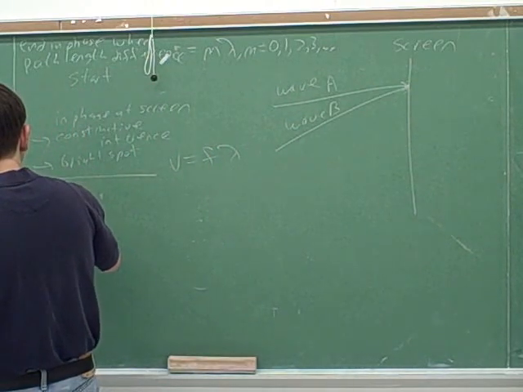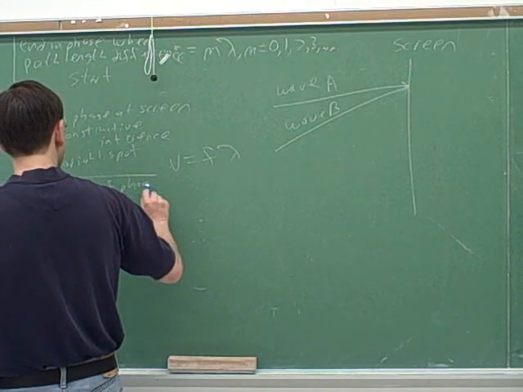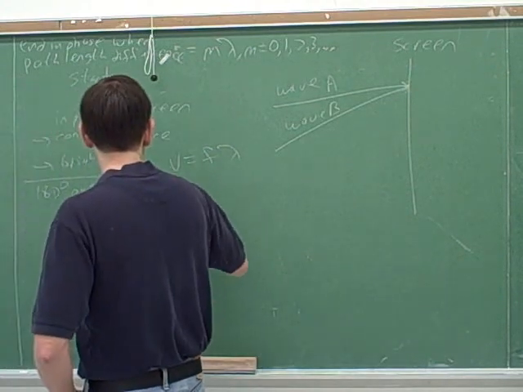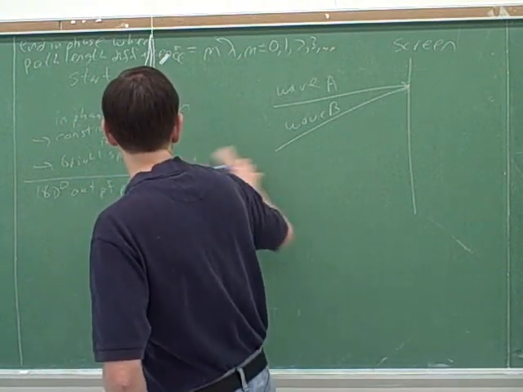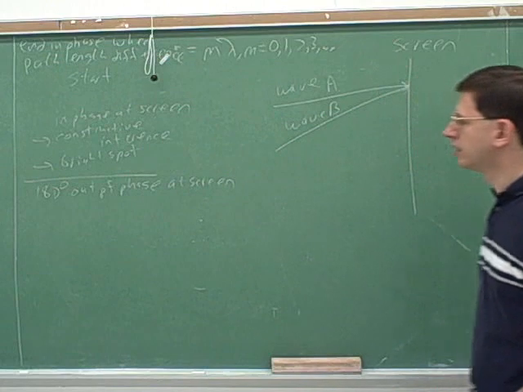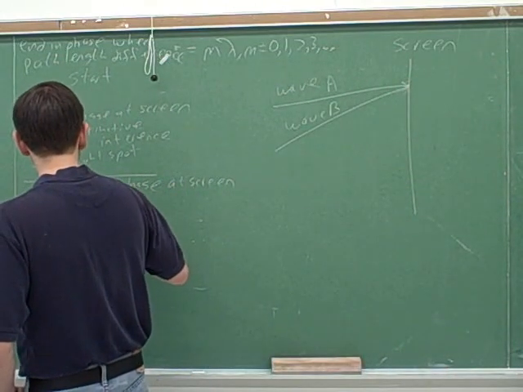Now suppose that they are 180 degrees out of phase when they hit the screen. What can you say about what's going to happen then? Destructive. Yep. Now they'll have complete destructive interference.